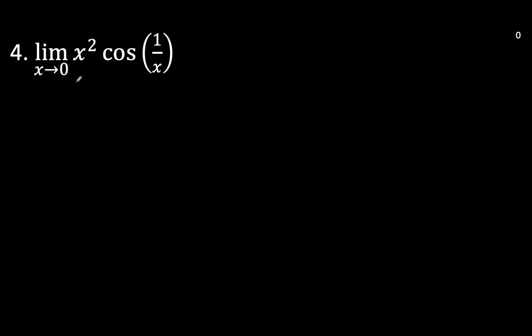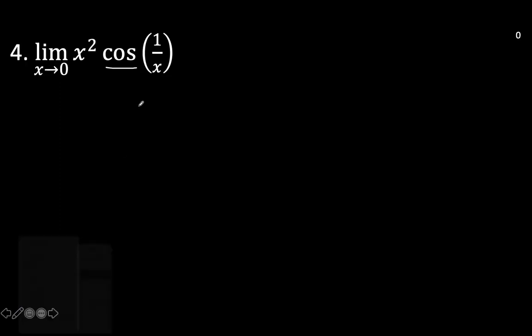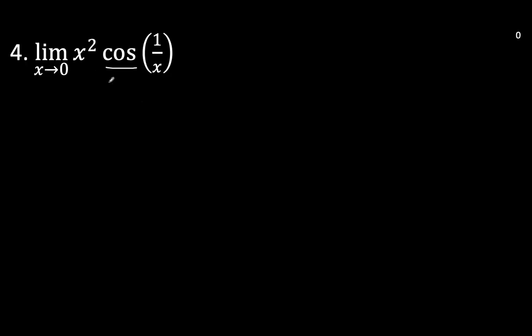Here, the problem number 3 is similar to problem number 4. It's just that the given function was changed to cosine from sine. All right, but let's check how we're going to work on this. And again, we knew that the range of cosine of 1 over x is from -1 to 1.